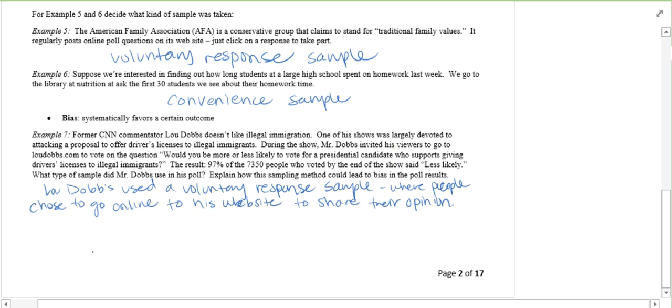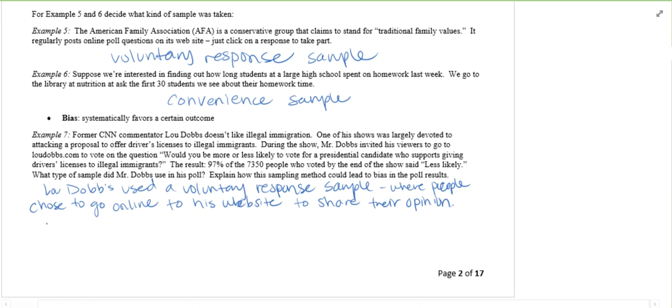He's known for attacking the proposal to offer driver's licenses to illegal immigrants. So during his show, people are already tuned in. They usually probably agree with his general ideals. That's why they're watching his show. So if you're tuned in and they tell you to go fill out a survey, you're already watching the show because you most likely already agree with this man. So if you agree with his policies, you're watching his show. So this is just a very small portion of the population who already feel that way.